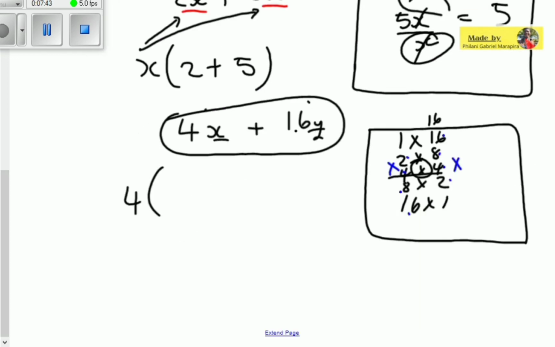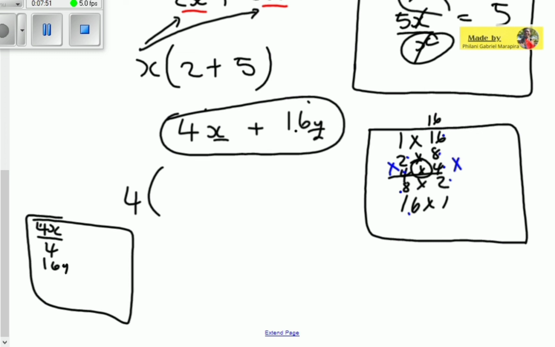So let's divide 4 into 4x. Let's make another box here and say 4x divided by 4, and also 16y divided by 4. So you can see that 4 and 4 are common here. Therefore, they divide each other and they result with x only. And then you can see that in 16y, 4 can get into 16 4 times. The y is not affected at all.